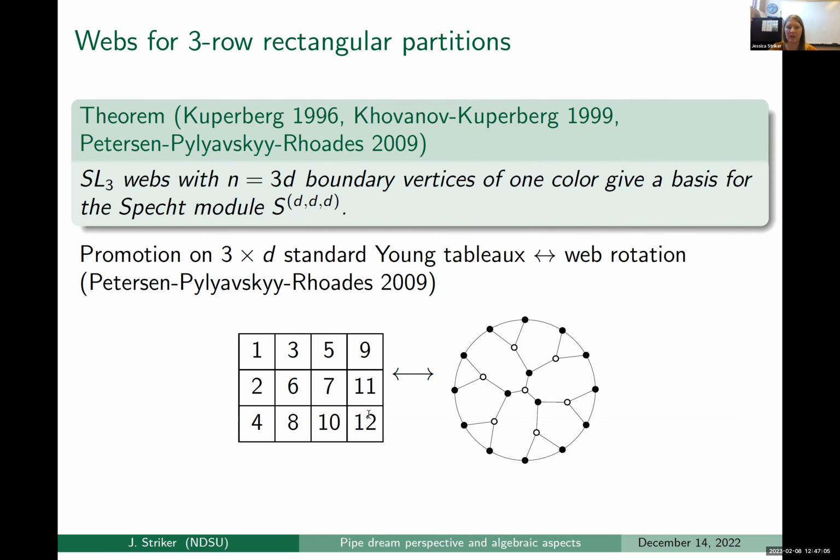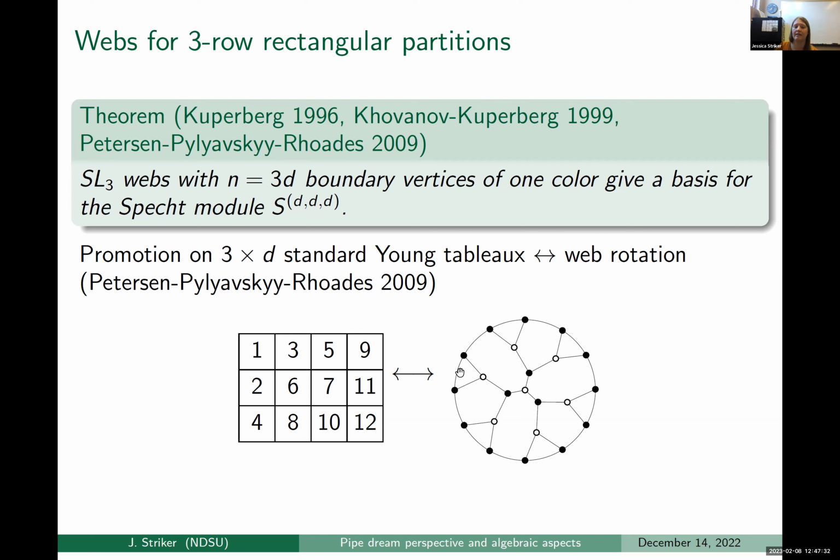Okay, so then here's another one. Back to the two-row tableaux, we can also do this with three-row tableaux. You can turn this tableau into this picture that rotates, and it also matches up with promotion and gives you a basis for the Specht module. But notice this result was really a result of Kuperberg in 1996. And at that time, and ever since, people have really been wondering, can we do this for four-row tableaux and beyond?